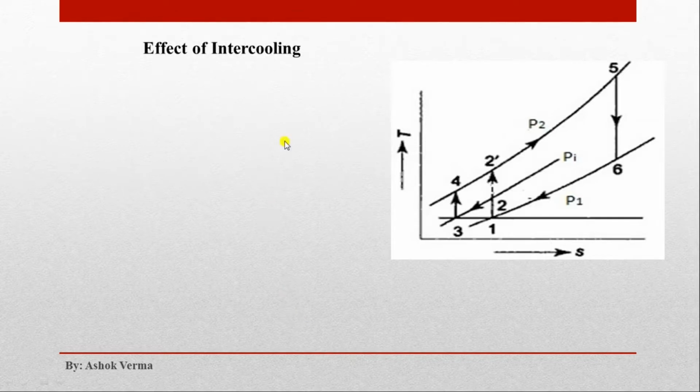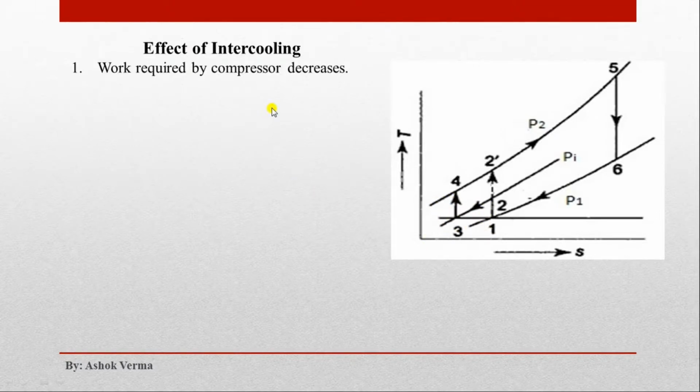So here we will see the effect of the intercooling. So first point is work required by the compressor decreases. We have seen the work required by the compressor is decreasing, because if you compress from 1 to 2 dash, then the required work done will be the area this one. But if you do the multi-staging with intercooling, then the required work will be this one.